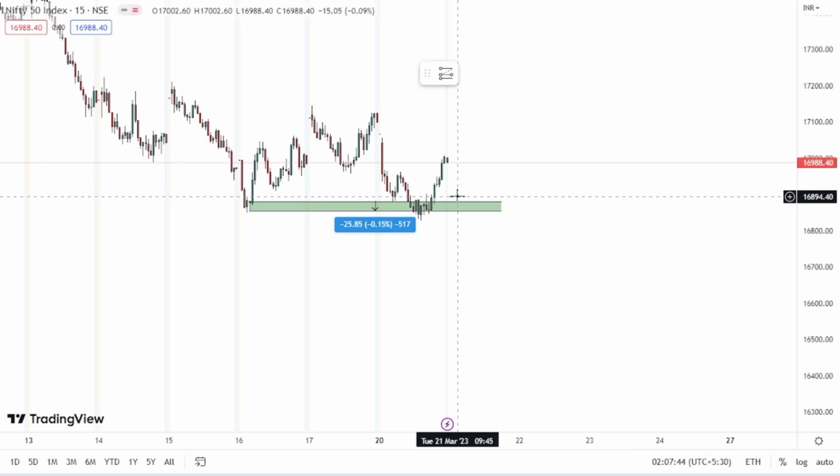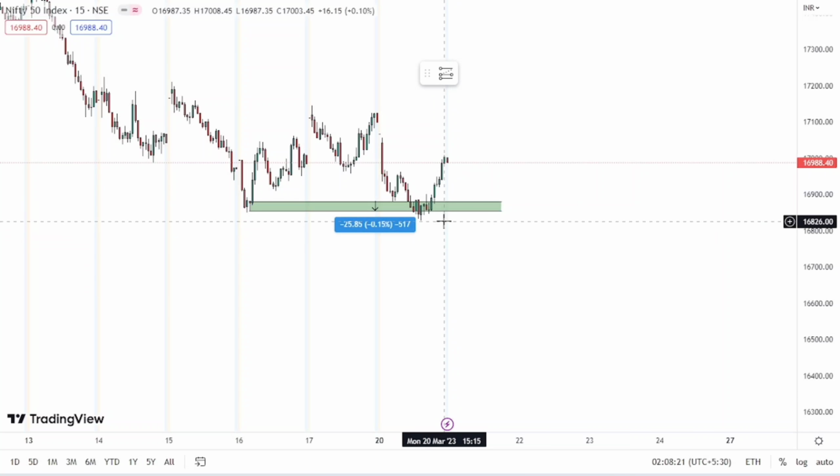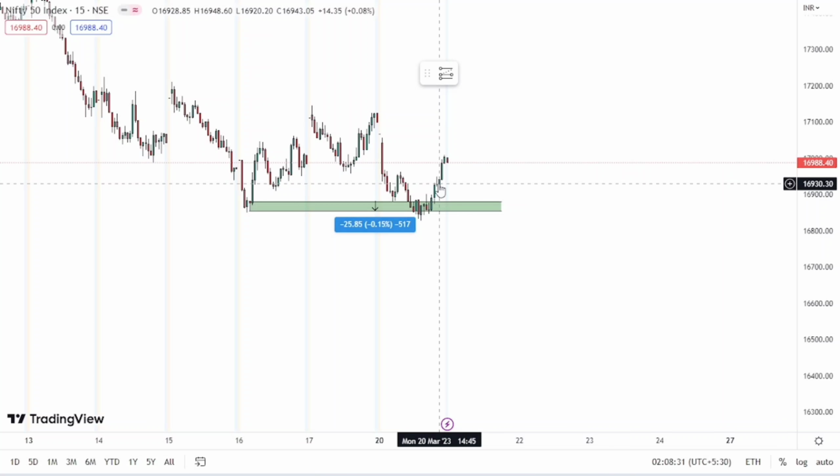If you bought at this level, almost 16,885.85, if you already bought in that place, you are in profitable positions.